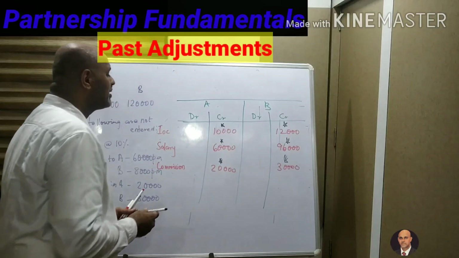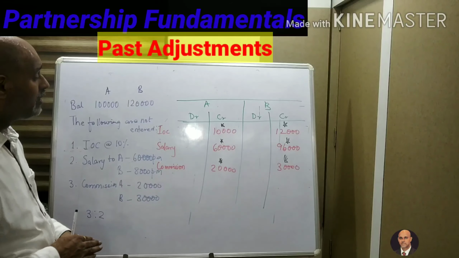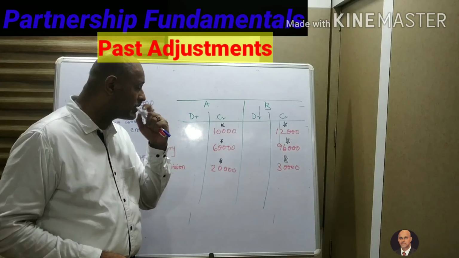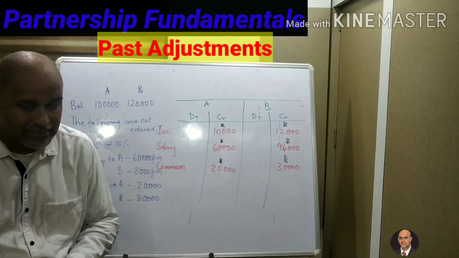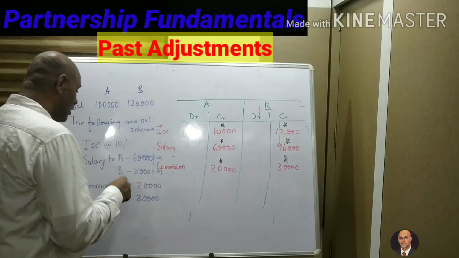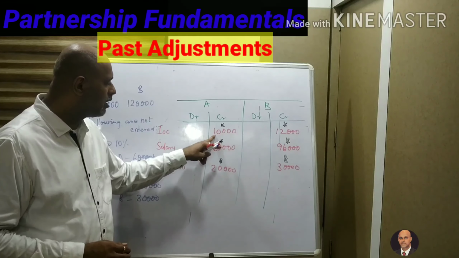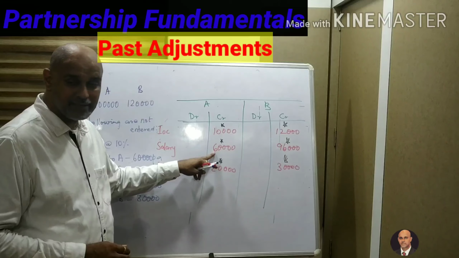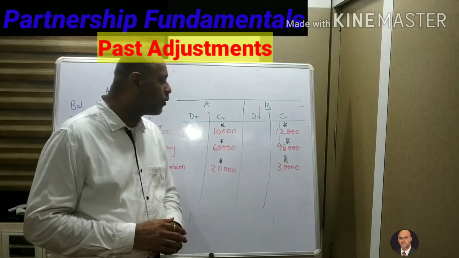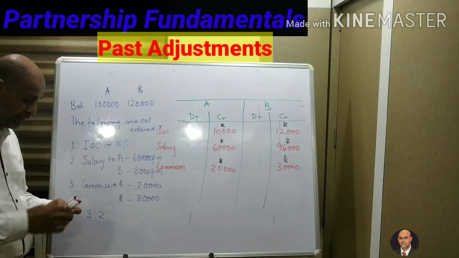So this gives me 10,000 plus 60,000, that is 70,000, plus 20,000, 90,000. 90,000 plus 30,000 is 1 lakh 20,000, plus 12,000 is 1 lakh 32,000, plus 96,000 gives me 2 lakh 28,000. I'm just repeating the calculations so that we don't make any mistakes: 10 plus 60, 70 plus 20, 90, 90 plus 30, 1 lakh 20, plus 96 and 12, that is 108, so 2 lakh 28,000.